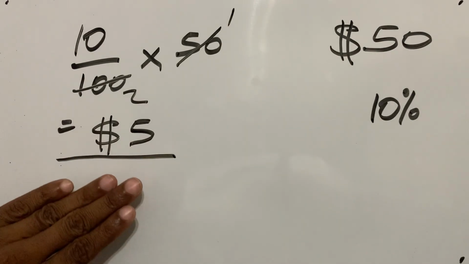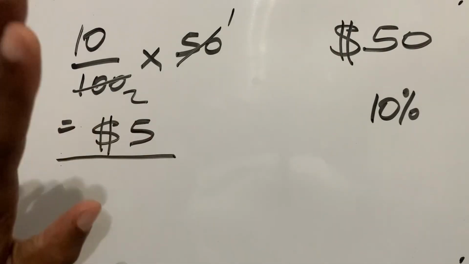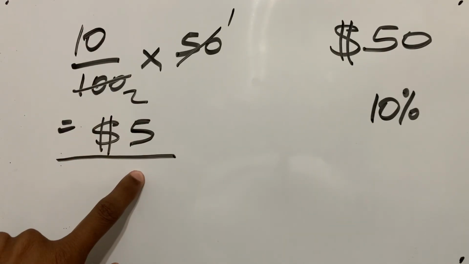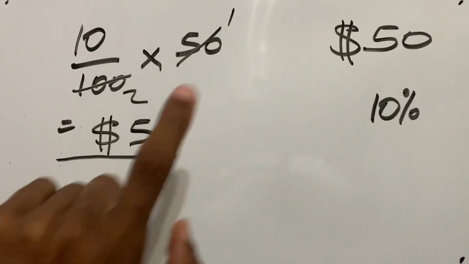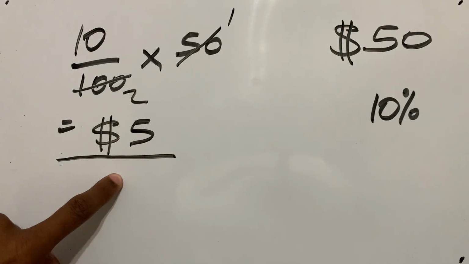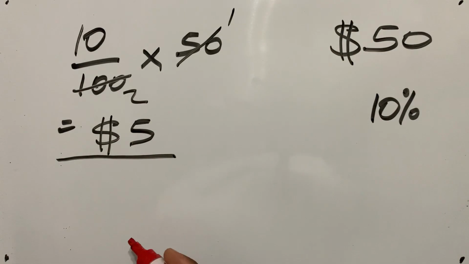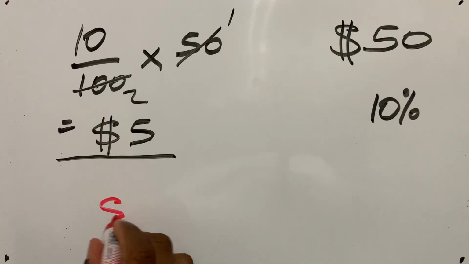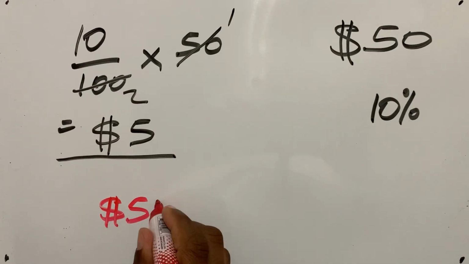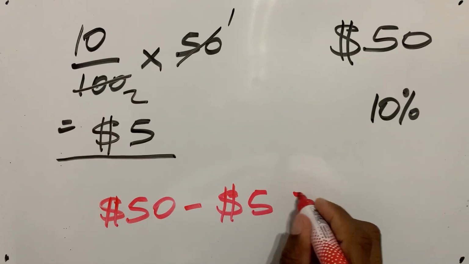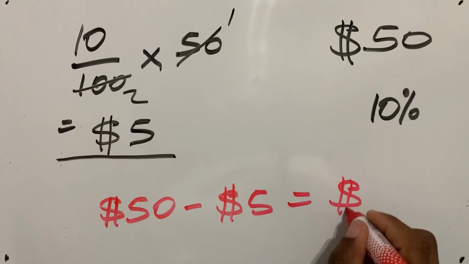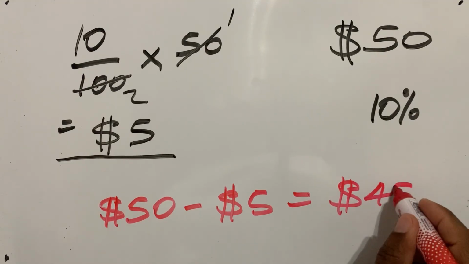Now, will you pay $5 for the cost of the shirt? No. This is the discount. So the price of the shirt will be $50 minus $5, which is equal to $45.